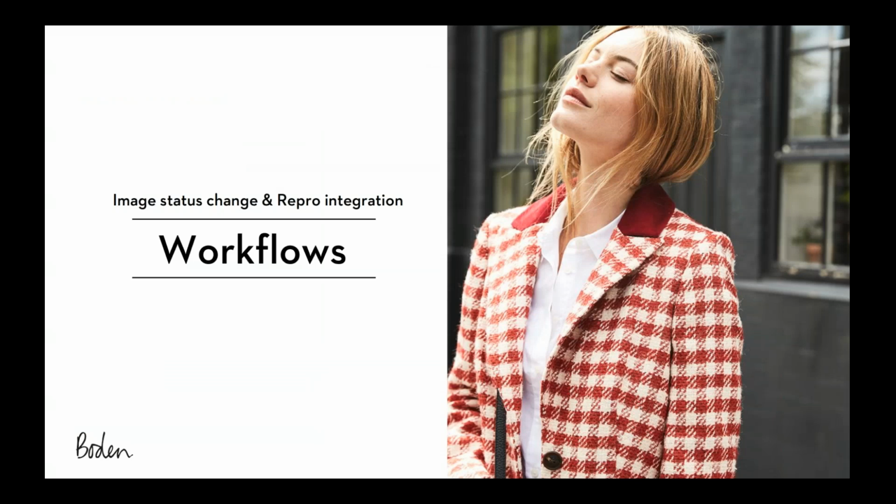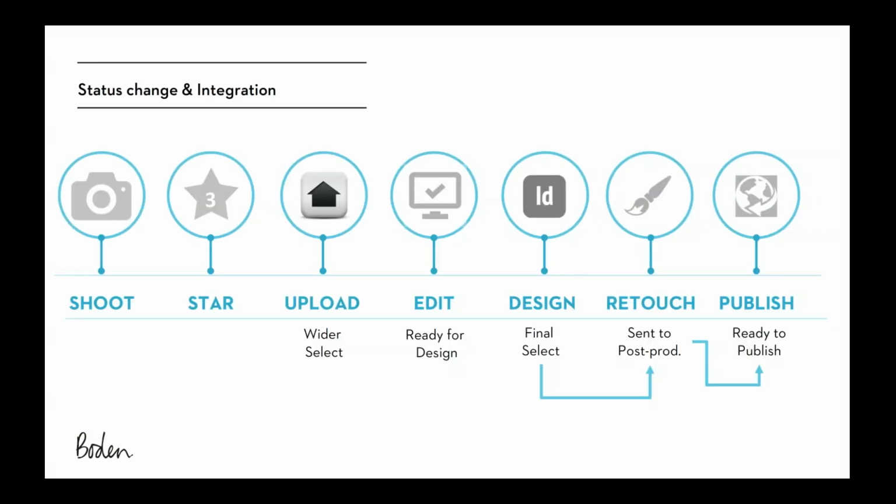So I mentioned workflows. Workflows is really to create automation through the process and has helped us remove unnecessary steps. It essentially gives visibility of the image status in the production process. So this is a very simplified diagram representing our production process.